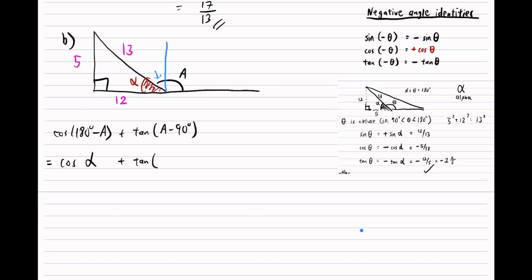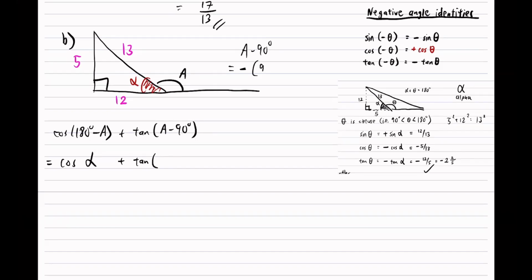Not really. If you're using the negative angle identity here, let's try using this. What would it be? You can rewrite A minus 90 degrees as negative times negative 1. Okay, just factor out negative.